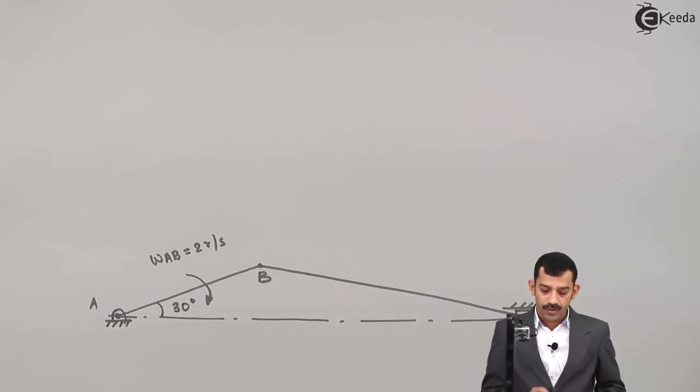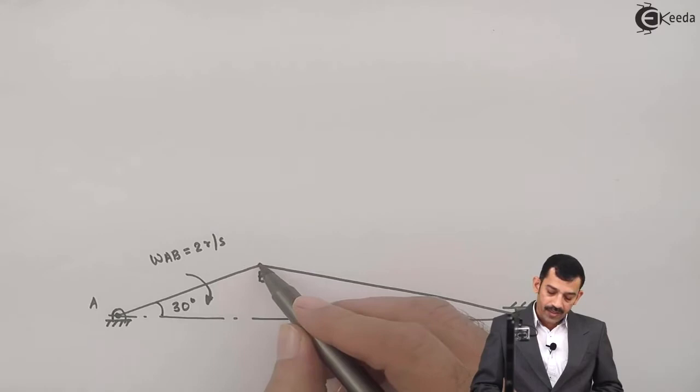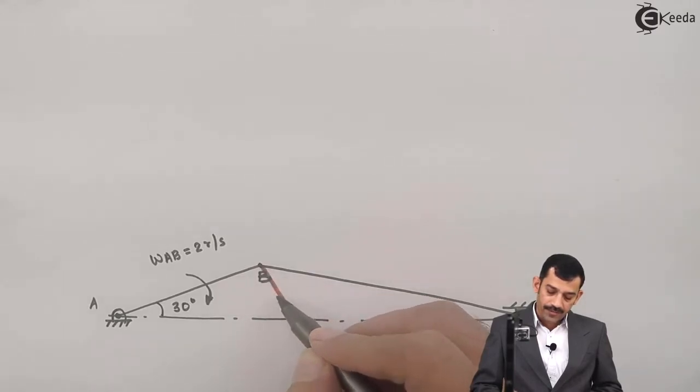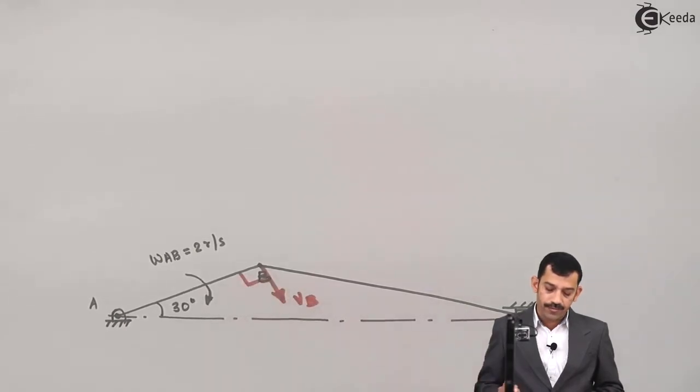As omega is clockwise, the linear velocity of point B will be perpendicular to AB, where this VB is perpendicular to AB.